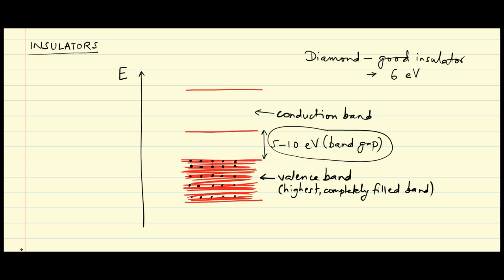And it can be argued that in order to supply energy of 6 electron volts to an electron of diamond, the potential difference which is to be applied across, let us say, a 10 centimeter wide diamond slab, you are applying a potential difference this way and trying to get a current. The potential difference that you must apply is of the order of millions of volts, and this is clearly not practical.